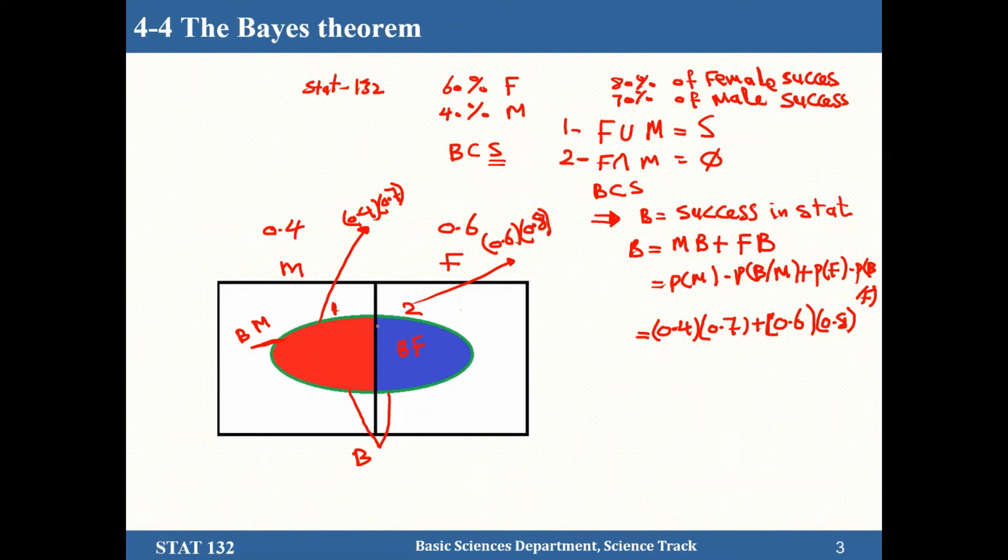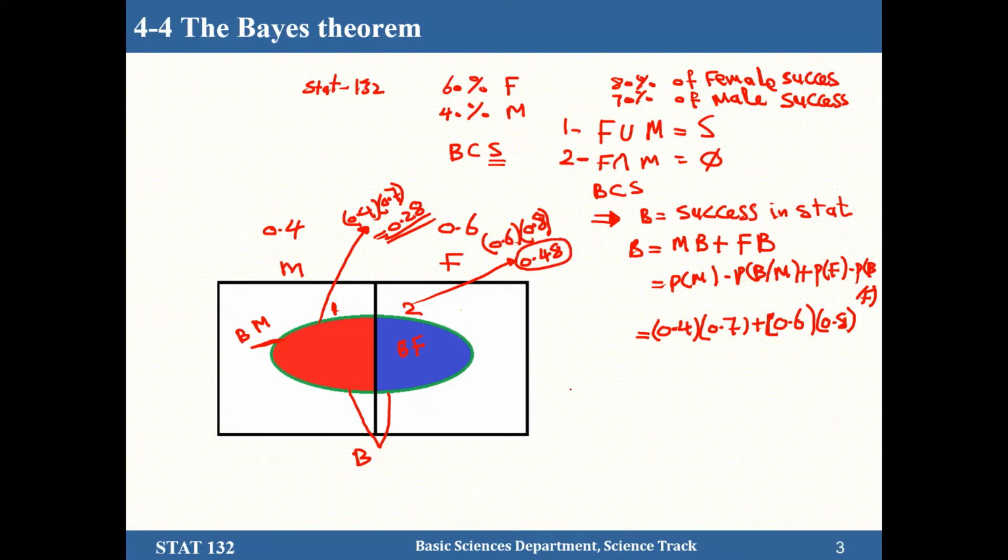We have P of male and got success in statistics, which is 0.4 multiplied by 0.7 equals 0.28. Then 0.28 is 1. 0.6 by 0.8 is 0.48. So 0.48 is 2.